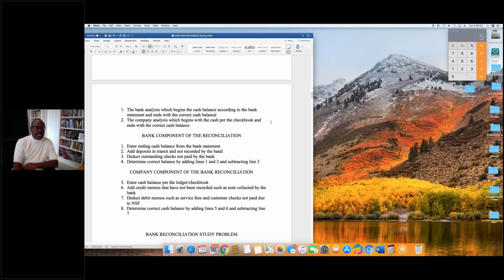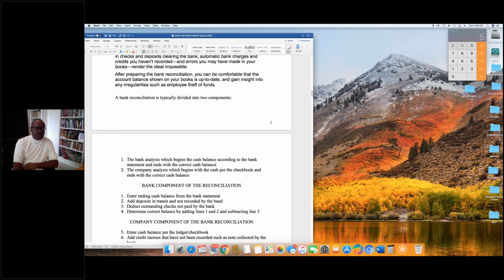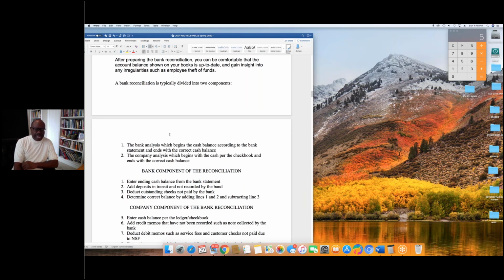There are two aspects of working with the bank statement. There's the bank analysis, where we look at the bank statement and see what's on there, and there's the company analysis, where we look at our personal books. So there's the bank statement with the bank transactions, and then there's our books for what we show.